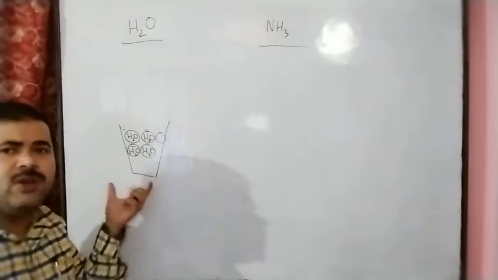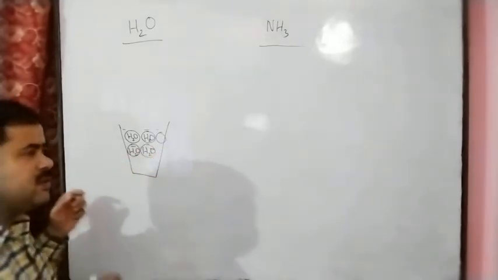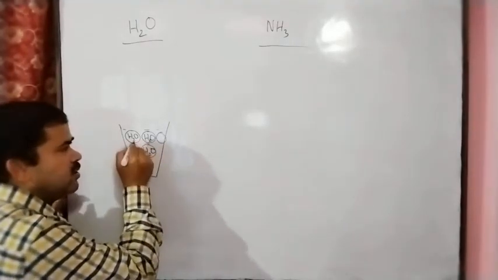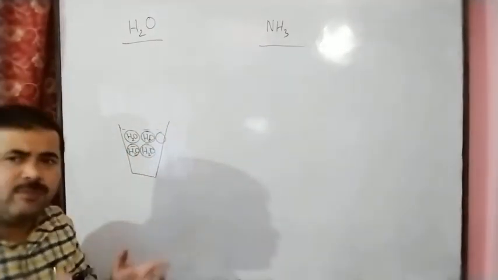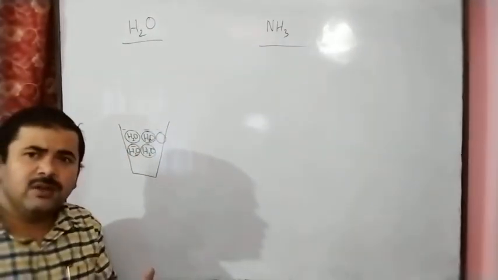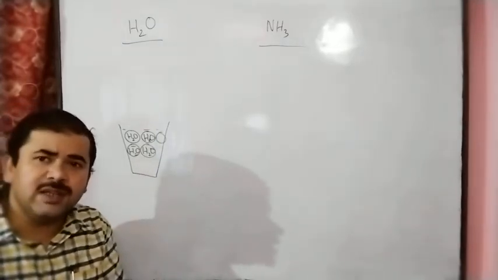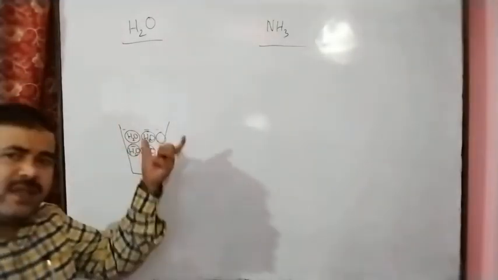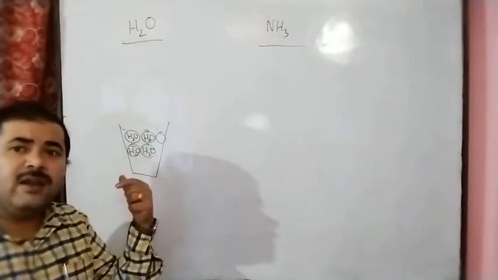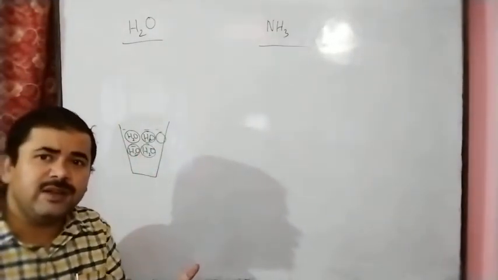Same everywhere means that in any region, the composition of hydrogen and oxygen will be the same. So we can say homogeneous in nature. Homogeneous means the same everywhere, and heterogeneous means different.